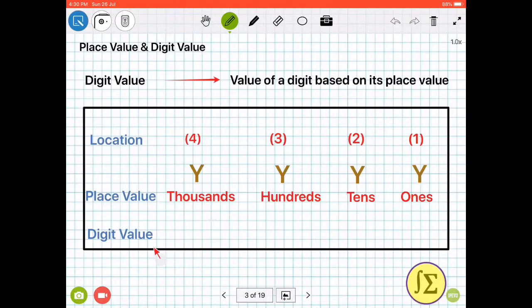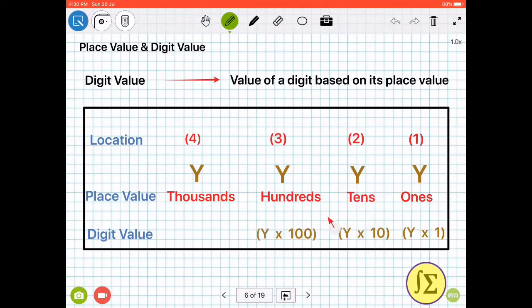So what's a digit value? Let's look at the first one. The value of this digit will be this digit multiplied by 1, since it is in the ones column. And for the second number, the value of that digit will be multiplied by 10, since the number is located within the tens column.